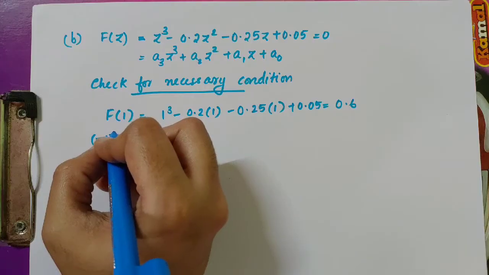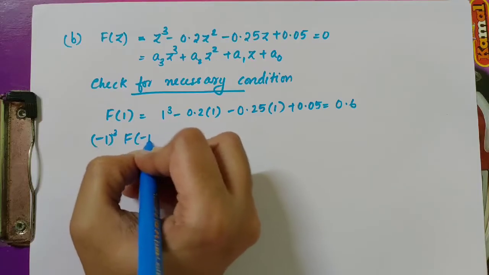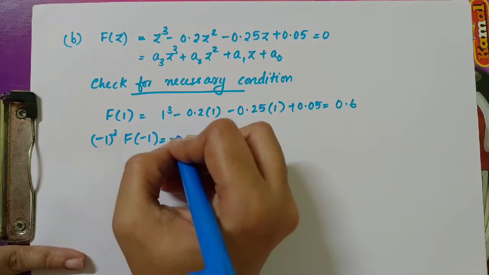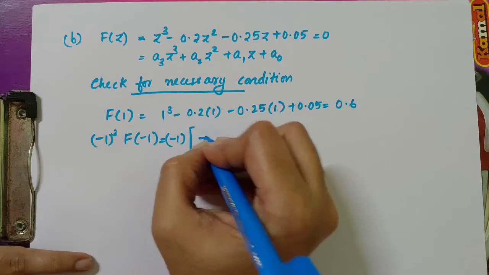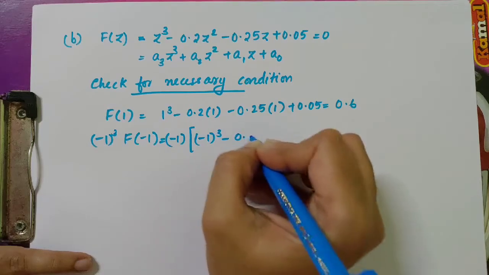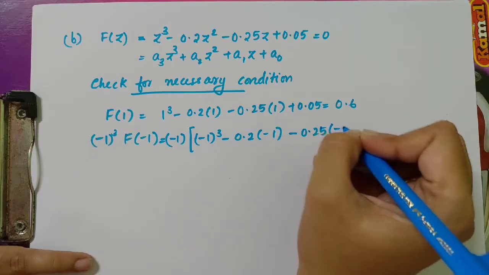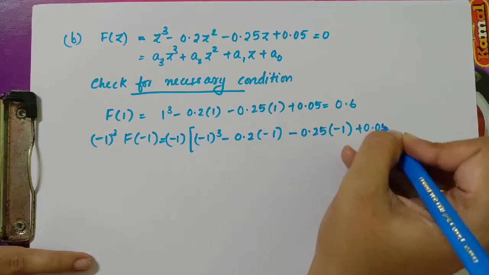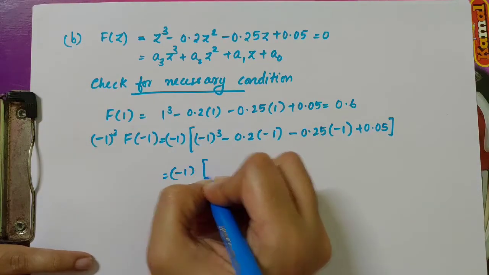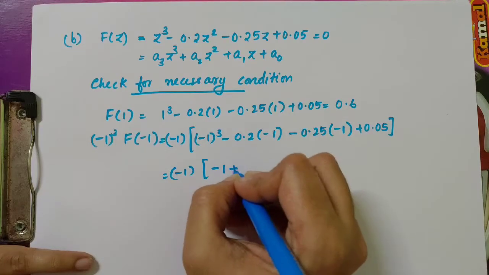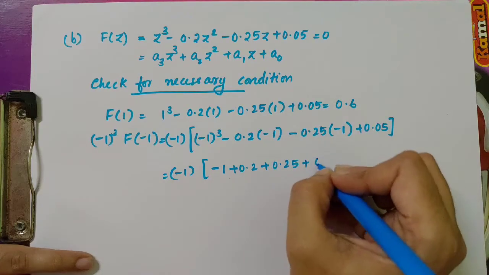-1 raised to n എന്ന് പറയുമ്പോൾ ഇവിടെ എന്താണ്? 3. F of -1 is equal to -1 into -1 cube minus 0.2 into -1 minus 0.25 into -1 plus 0.05, is equal to -1 into -1 plus 0.2 plus 0.25 plus 0.05.